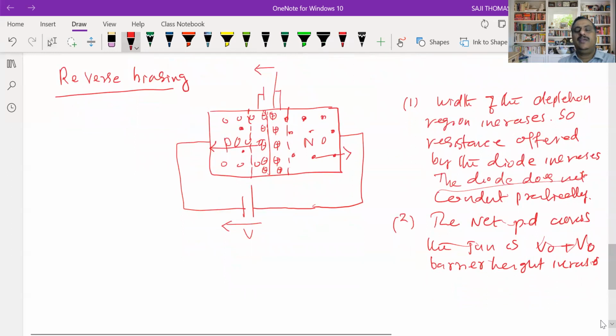But due to the minority carriers, there is a reverse current.